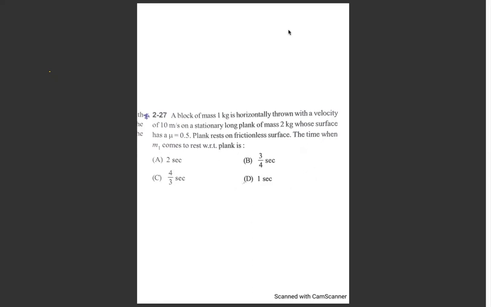We can show it here also. This is a big plank which is resting on a frictionless surface.